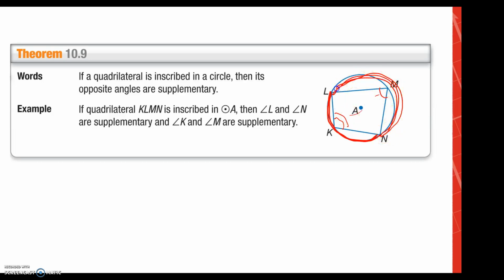And together the intercepted arcs make the whole circle, and half a circle is 180. So K plus M is half of 360, which is 180. And then L plus N is 180.